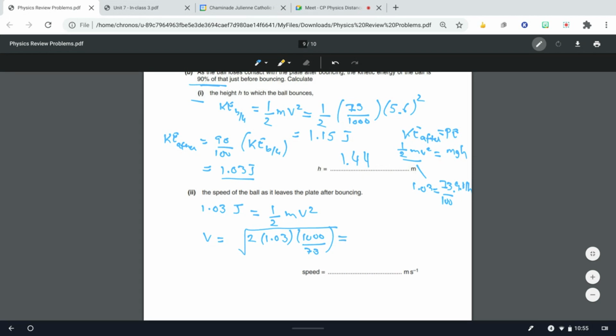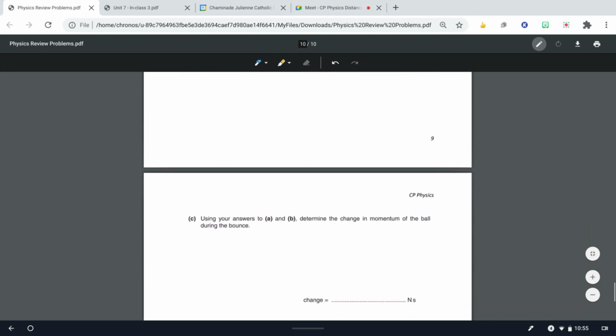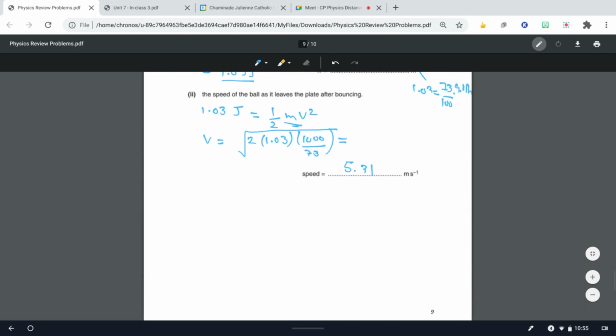I'm just rewriting this formula for velocity. And you should get an answer of 5.31 meters per second, right?